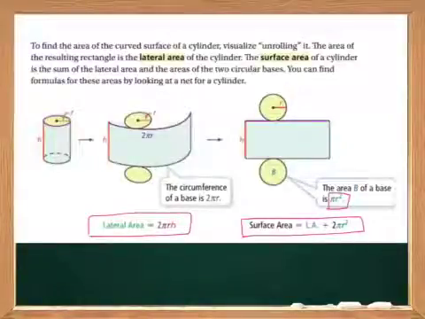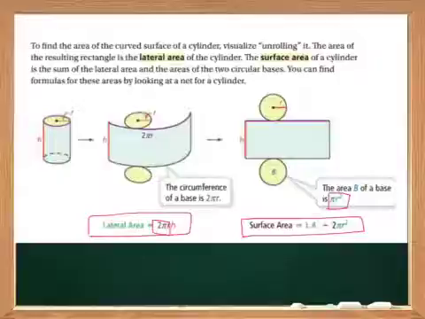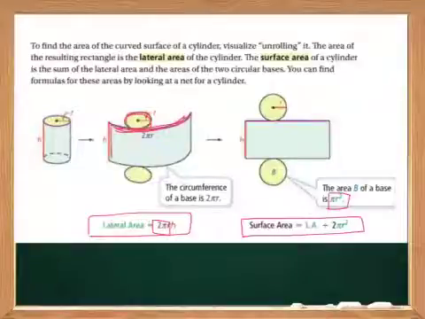And we get the 2 pi r times the height, because 2 pi r is going to be the circumference, so that's going to give us basically this measure, and the height is going to give us the rest of the rectangle. So that's where the lateral area formula comes from.